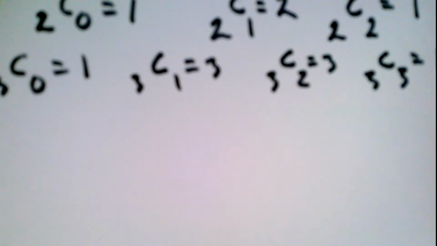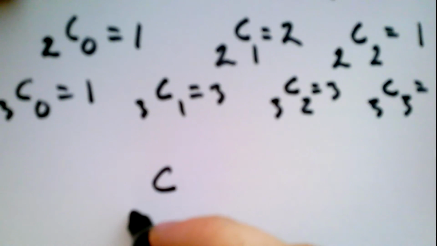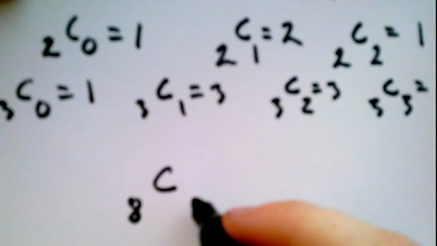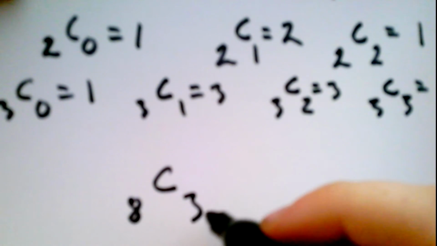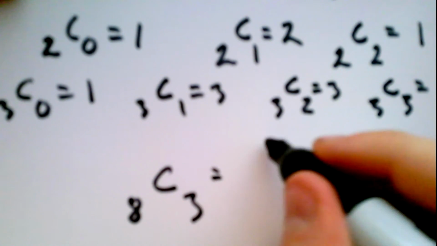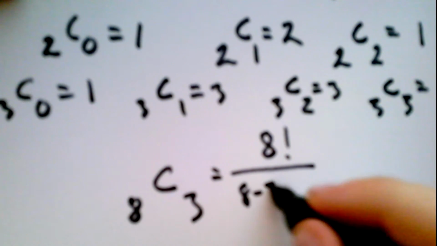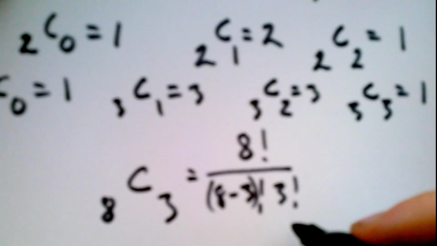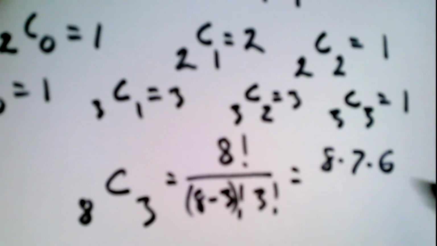So let's check, let's say, the 8th row and the 3rd item. How many ways can we take 3 items out of 8? That's going to be 8 factorial over 8 minus 3 factorial times 3 factorial, which is equal to 8 times 7 times 6.